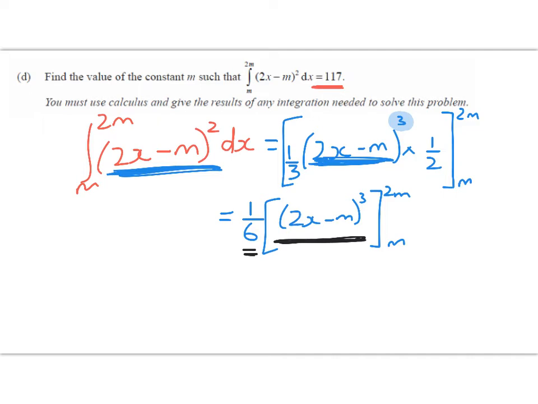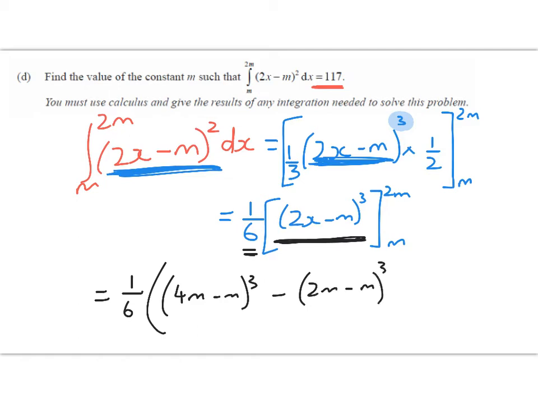Let's evaluate that here. So that's going to give me 1/6, big bracket, 2 times 2m, 4m minus m cubed, minus 2m minus m cubed, and that has to equal 117.